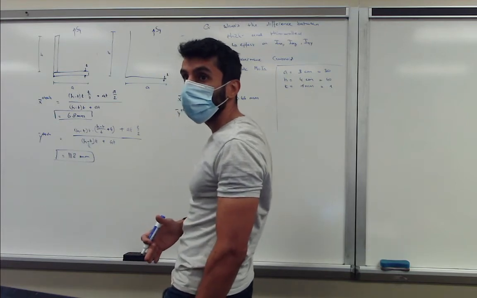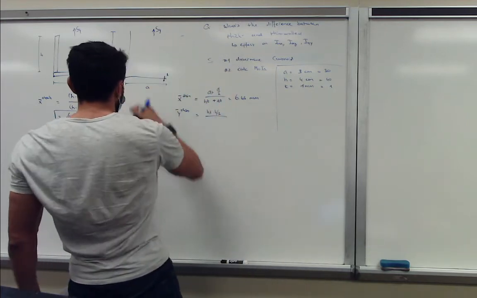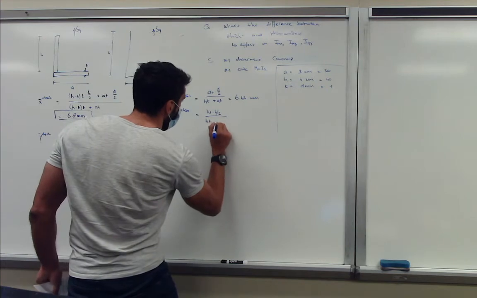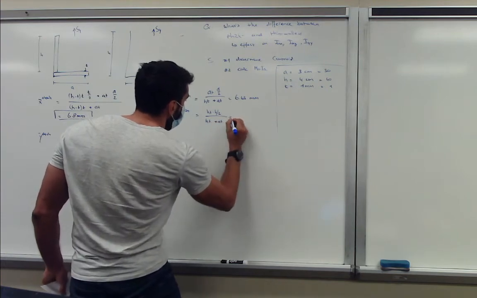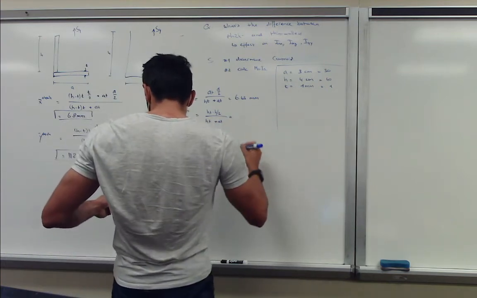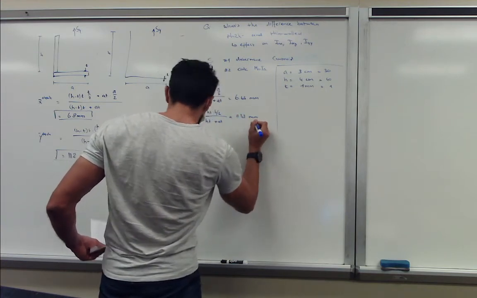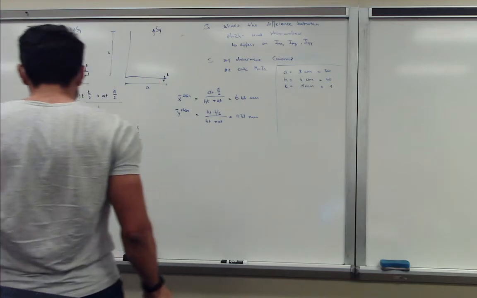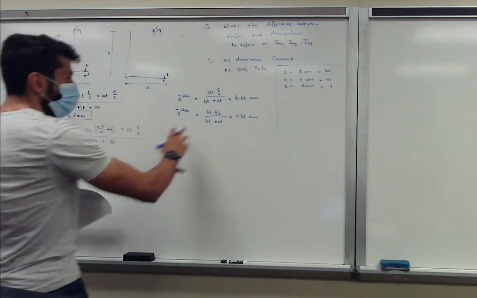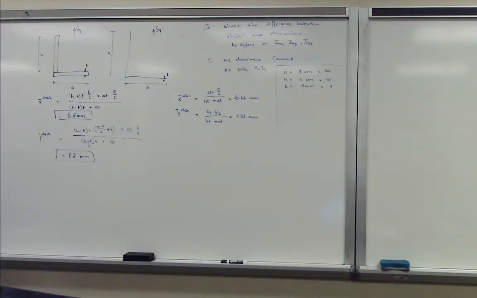Okay? So that one basically becomes 0. And then HT plus AT, and that one is equal to 11.43 millimeters. So we already see there's a small difference, and next point is to see how that difference affects our moment of inertia.